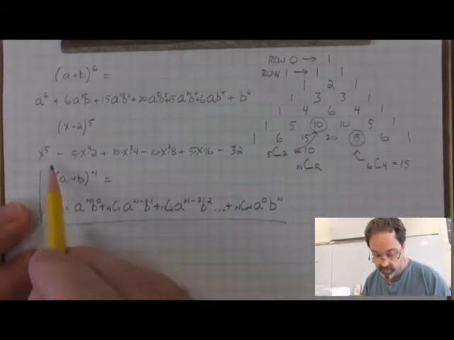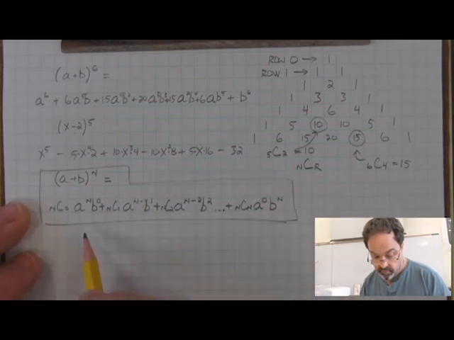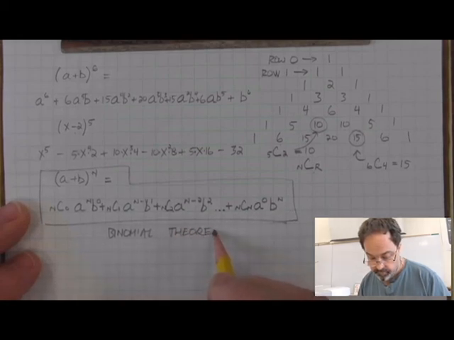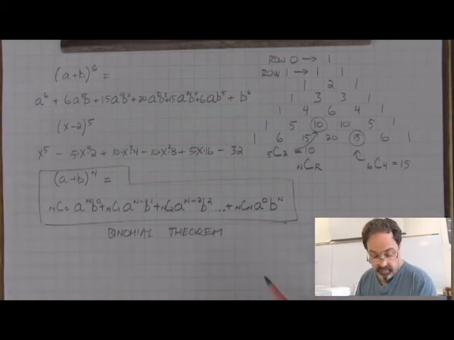This pattern on the expansion is what we call the binomial theorem. And it takes some practice to use, but is very powerful when you do.